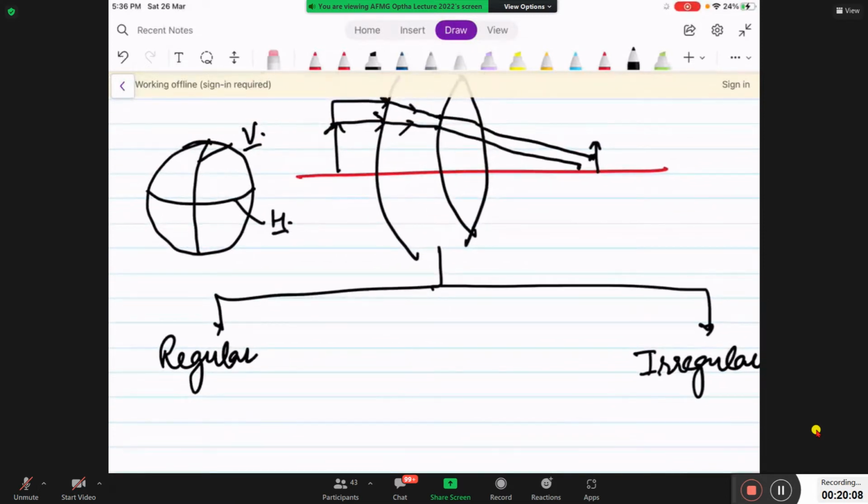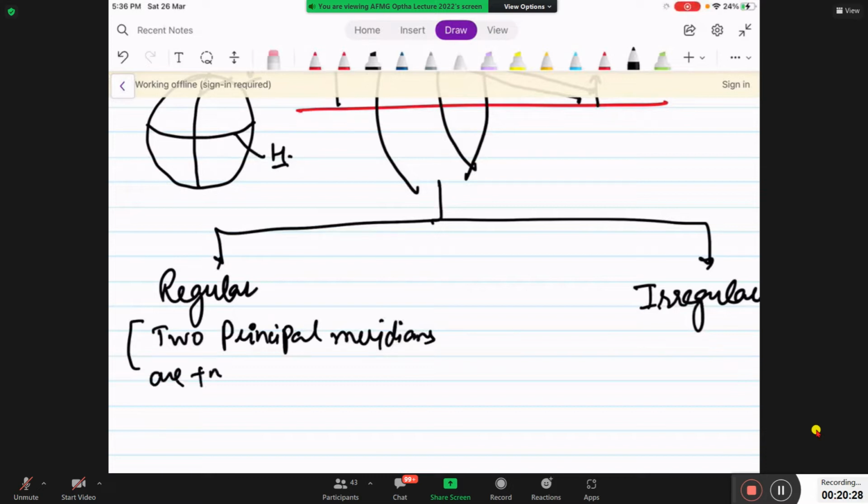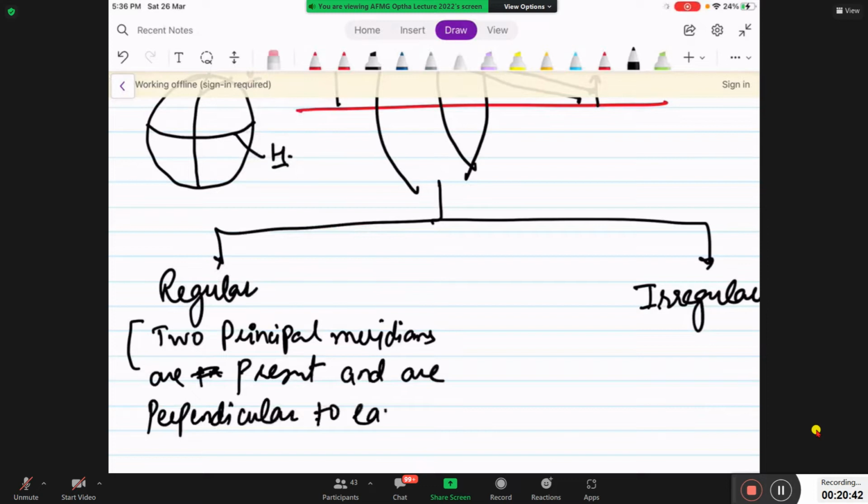Write down, there are two types of astigmatism, regular and irregular. Write down regular. There are two principal meridians present, horizontal and vertical, perpendicular to each other.